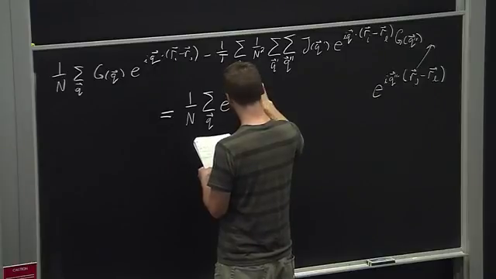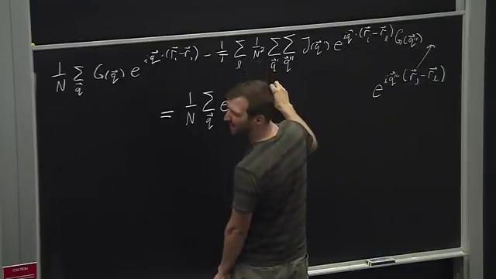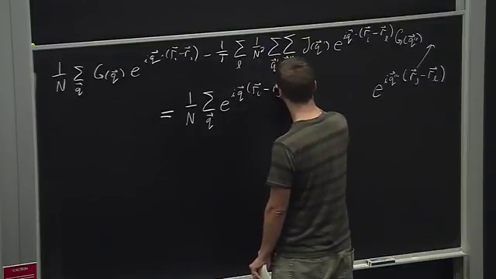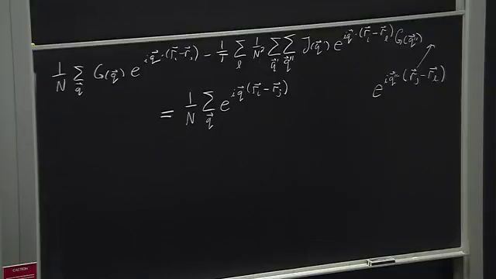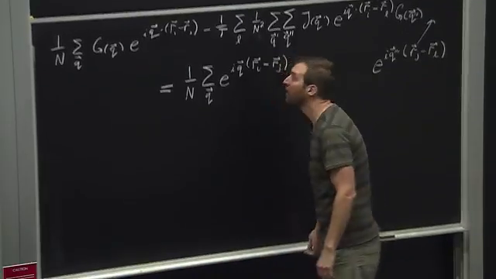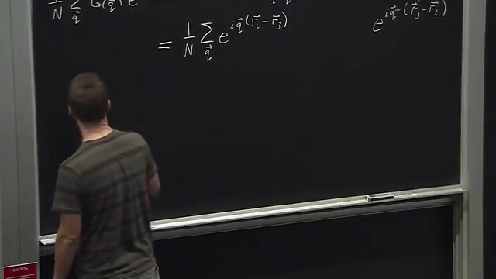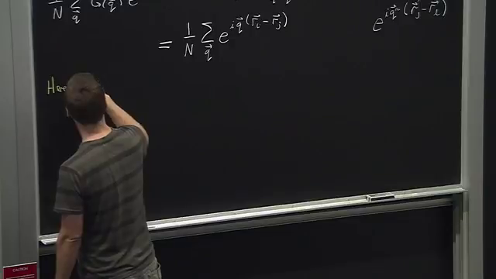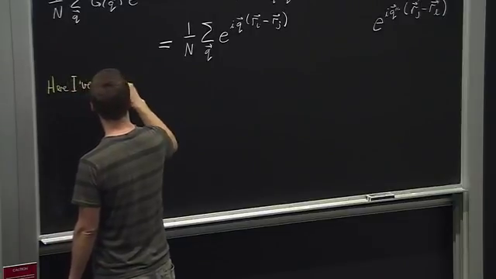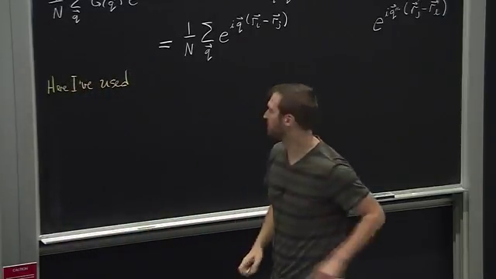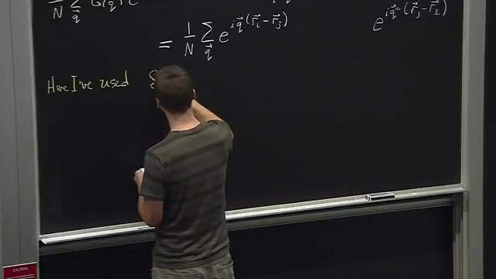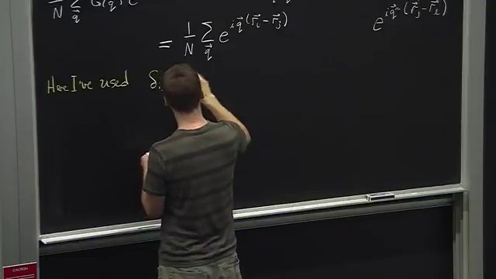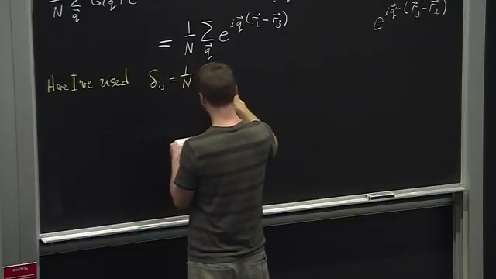I'll just use Q. J. Okay, so here I've used, let's make a note of it, I've used the definition of the delta function, which is basically the only trick that is used in solving these expressions in Q space.